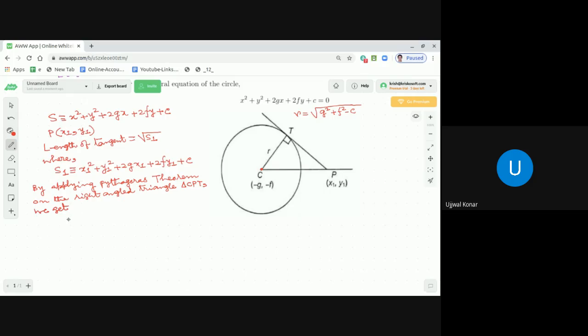It is PT. So PT square is equal to hypotenuse CP square minus CT square.